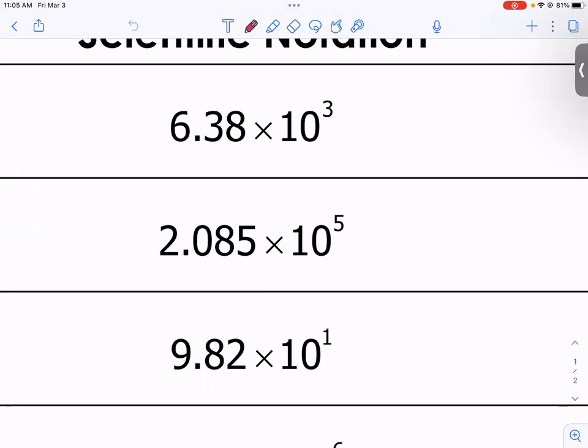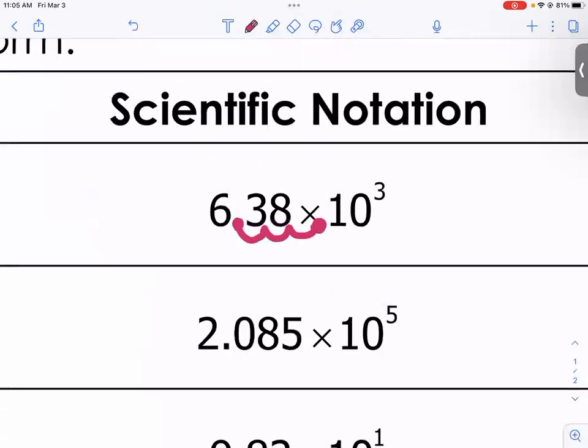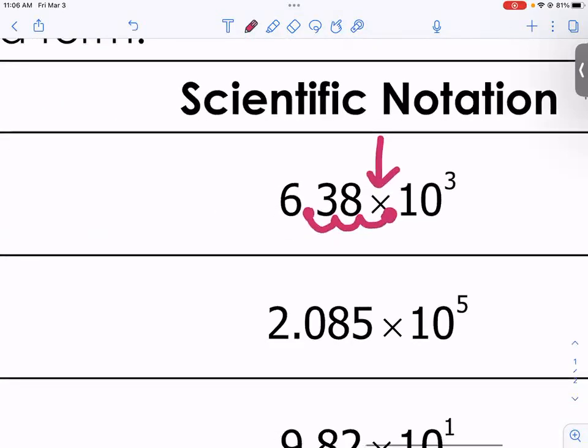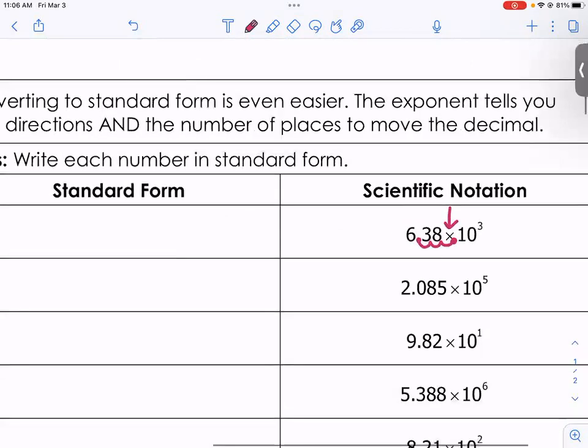So which way should I move this decimal point? To the right. So 1, 2, I need to move it 3 places. Well, there's nothing here. So what do I put there? 0. Okay, so this number is 6,380.